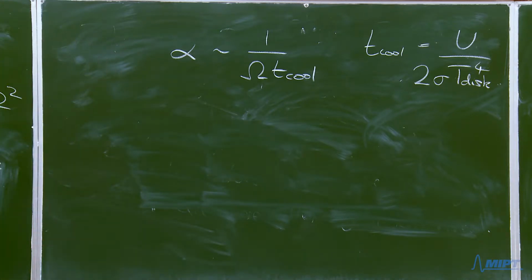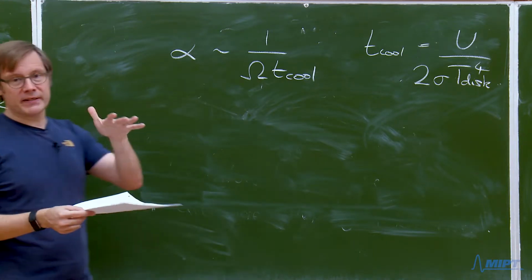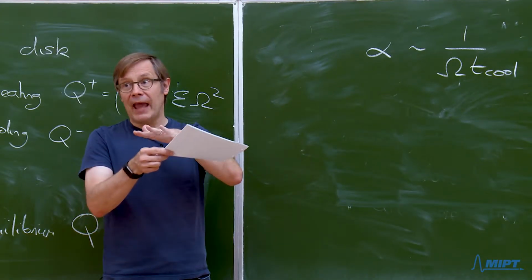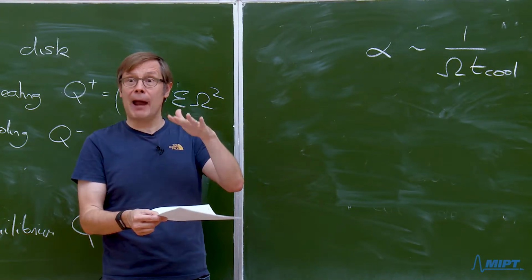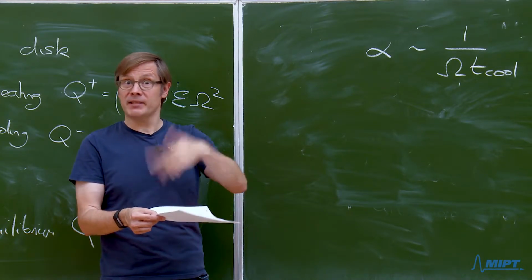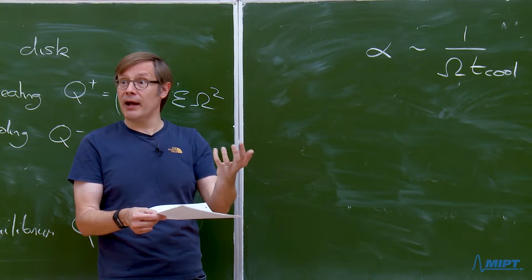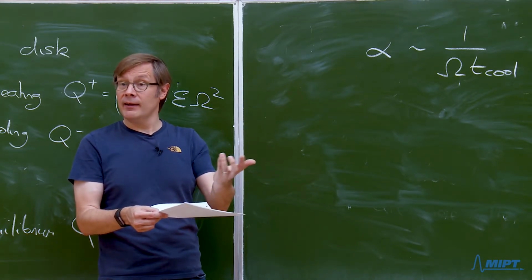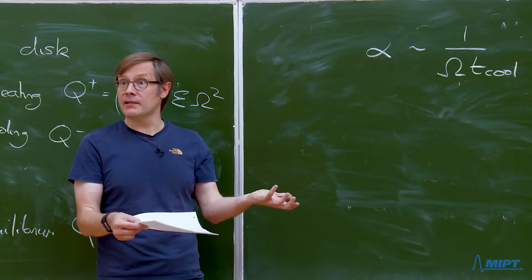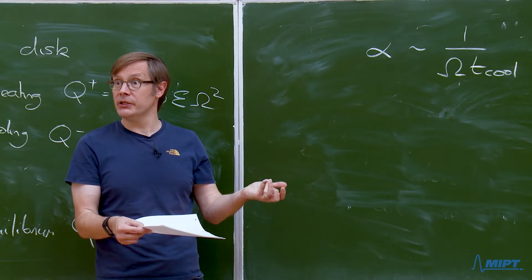So you can think of this intuitively: if you're at some radius in the disk and the gas is losing energy very rapidly due to radiation, for the disk to stay in thermal equilibrium, it must be generating a corresponding amount of heat. The only way it can do that is if it's transporting angular momentum efficiently, so that gas is falling towards the star and liberating gravitational potential energy.